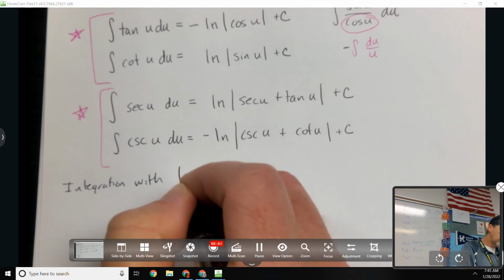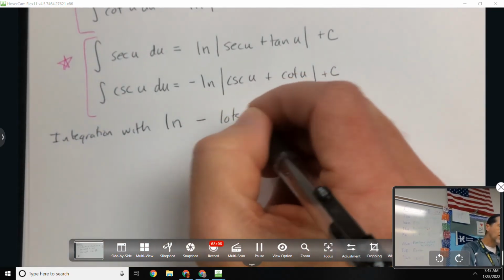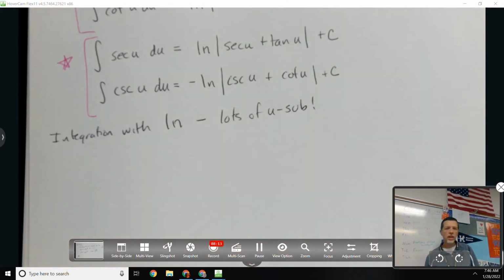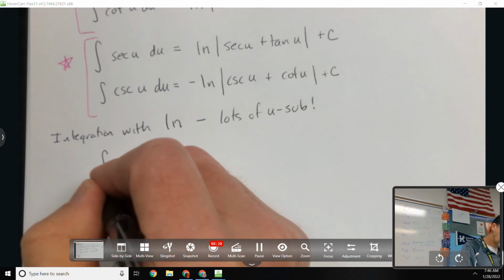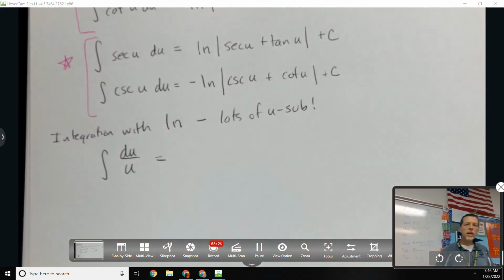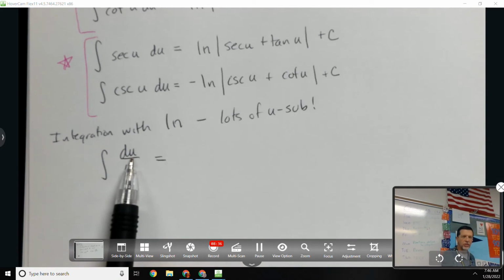All right, integration with natural log. The short story is lots of u substitution. So the first main rule, going backwards, this is why we did the warm-up. The derivative of a natural log is 1 over u du.